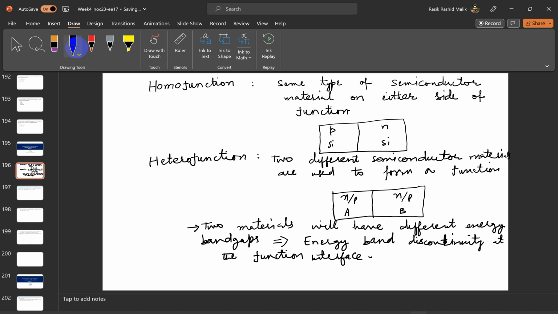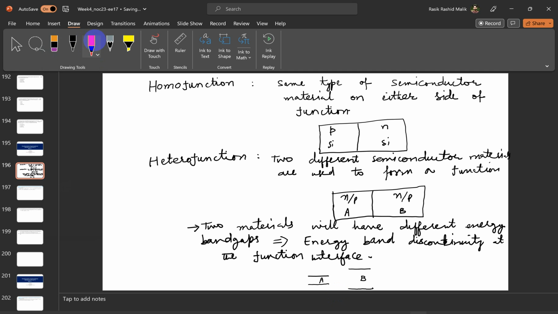Say for example we have material A which has a low band gap, and then we have a wider band gap material B. When we make a junction out of this contact, there can be a discontinuity in the conduction band, or a discontinuity in the valence band energy, or both.